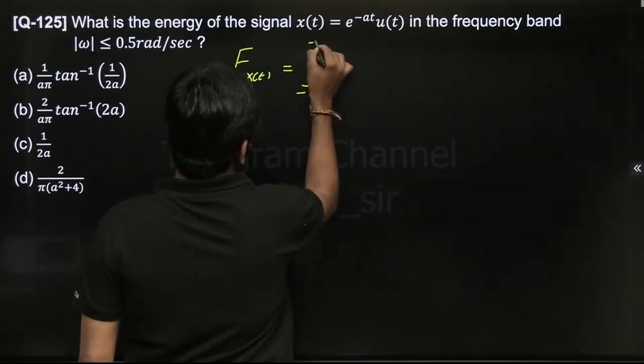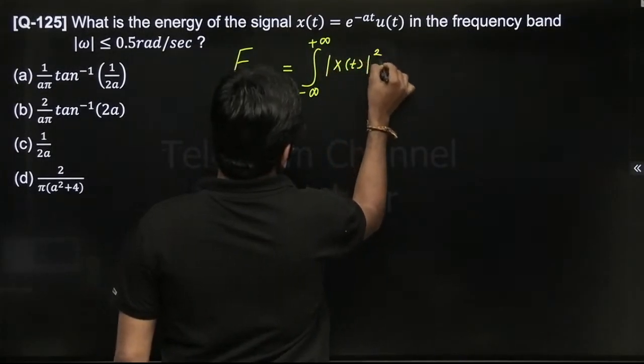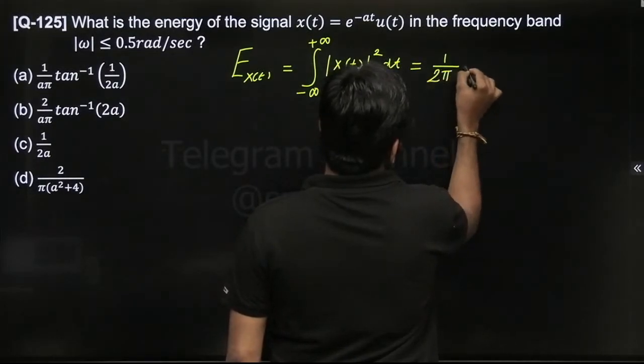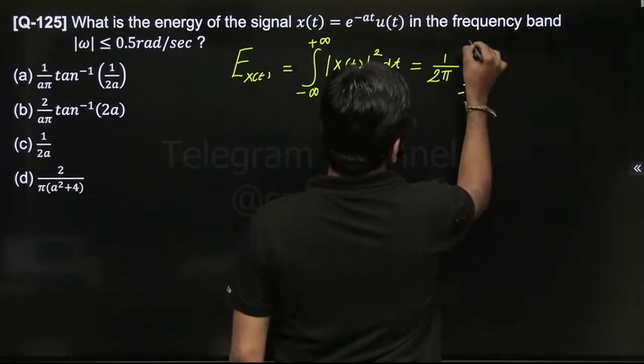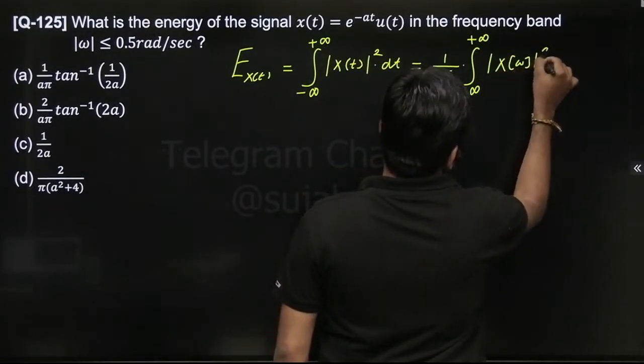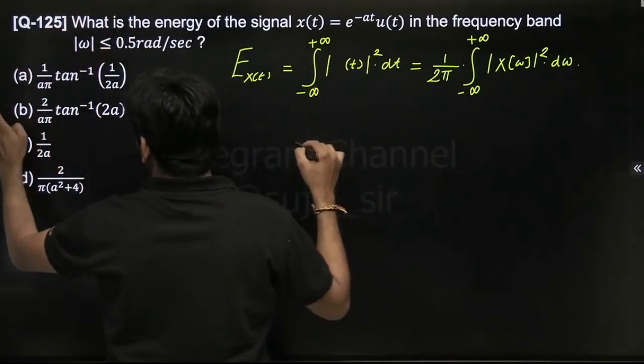In the time domain the formula is integration from minus infinity to plus infinity of mod x of t square dt, and in the frequency domain 1 upon 2 pi integration from minus infinity to plus infinity of mod X of omega square d omega. This is the formula.